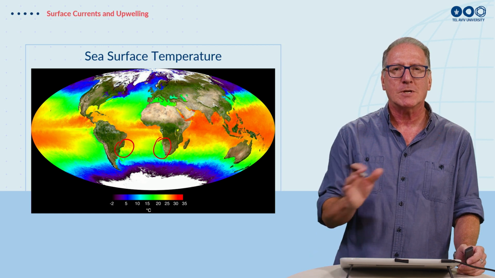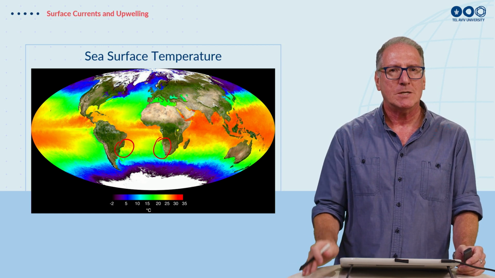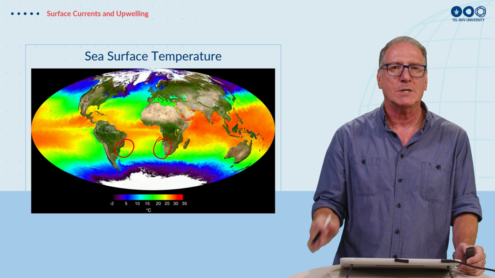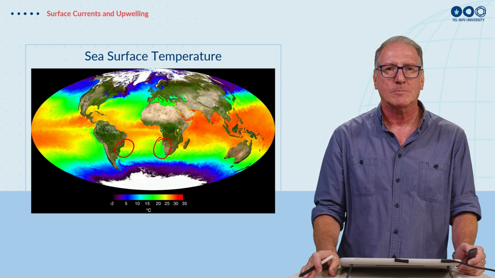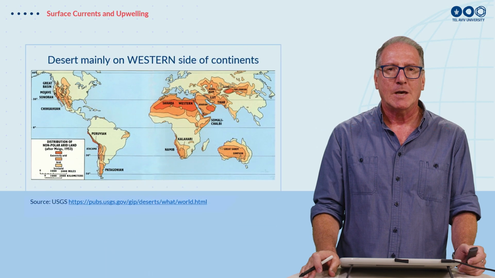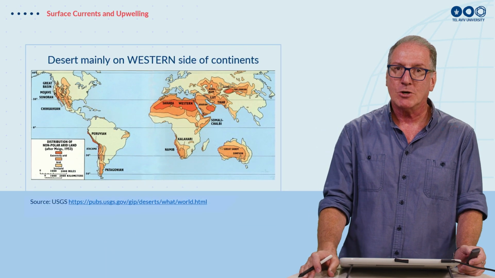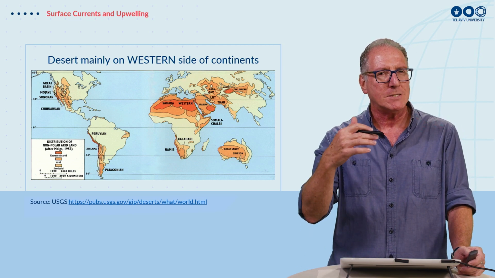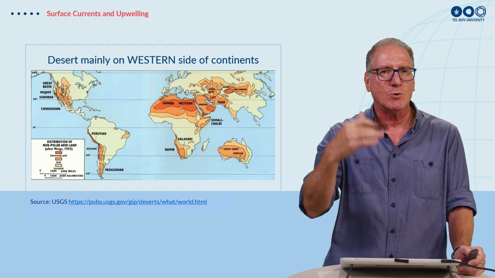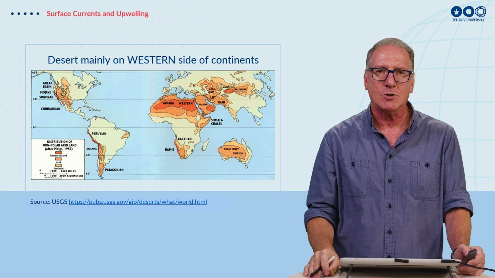And this east-west difference is basically driven by the winds in the atmosphere, which are driven by the rotation of the Earth. So when we go back and look at the distribution of the deserts, we said they're basically at 30 degrees north, 30 degrees south because of the Hadley circulation.